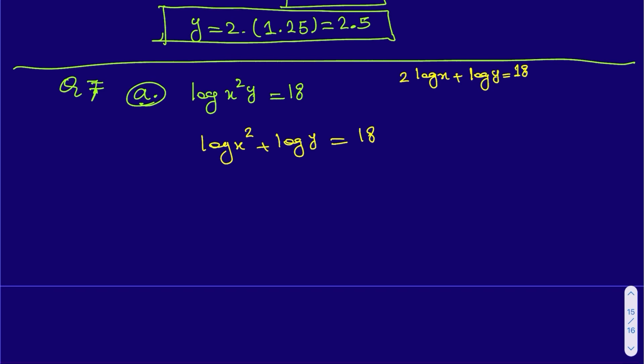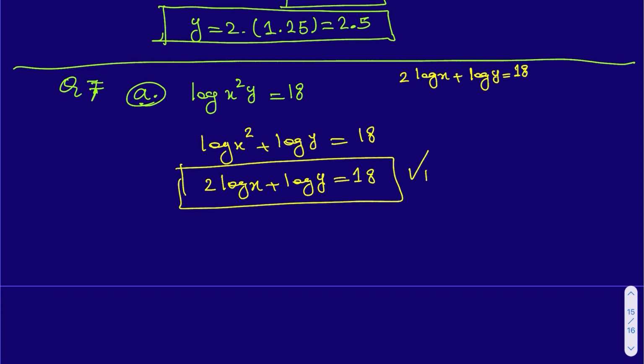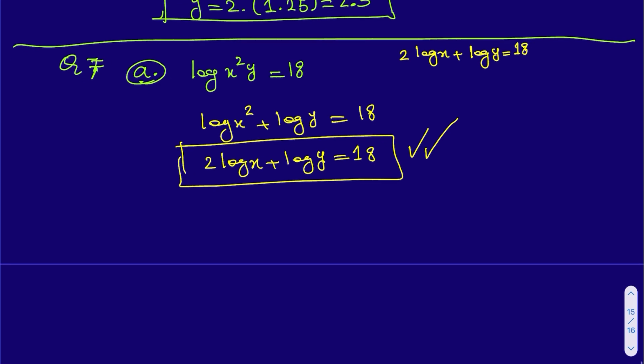So I can write it like 2 log x plus log y is equal to 18, and this is what we were supposed to prove. Okay, so that is the proof.